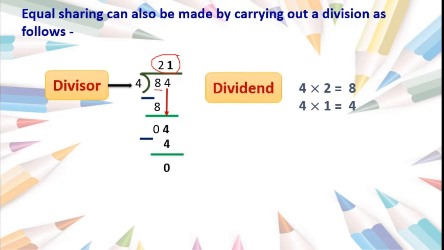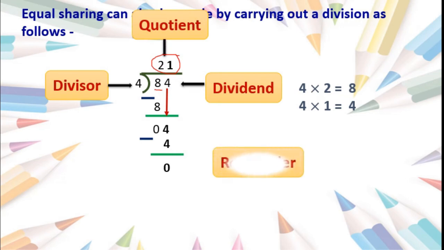The number which we divide is called the dividend. The answer we call the quotient. And whatever remained is called the remainder. Remember these 4 words. Okay.